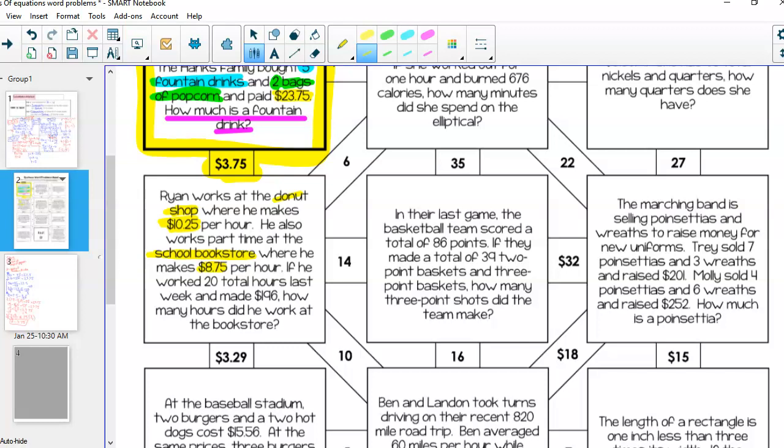The 196, so the total amount he got for both, and the total amount of hours he worked. And then what are we looking for? How many total hours, or how many hours did he work at one of the specific stores?